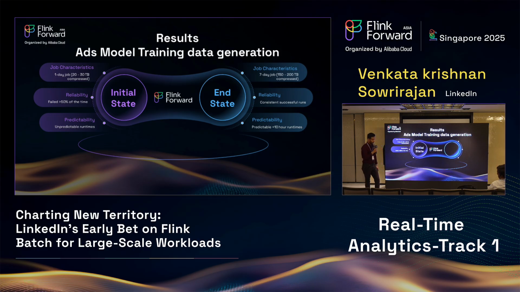This job failed more than 50% of the time. And even the times when it ran fine, the runtimes were erratic. So once we had these improvements made on the connector, shuffle, and the schedulers side, we were easily able to run 7 days worth of training data generation, translating to roughly 200 TB of on-disk data compressed.